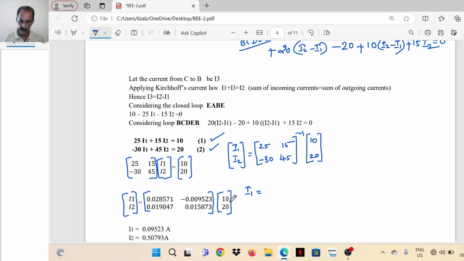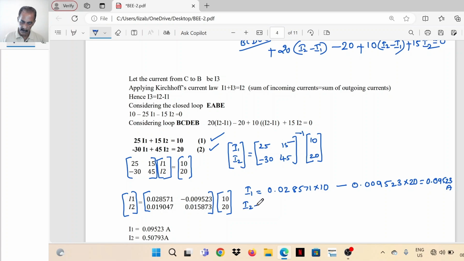So I1 is equal to 0.02857 into 10 minus 0.009523 into 20. So it is equal to 0.09523 ampere.